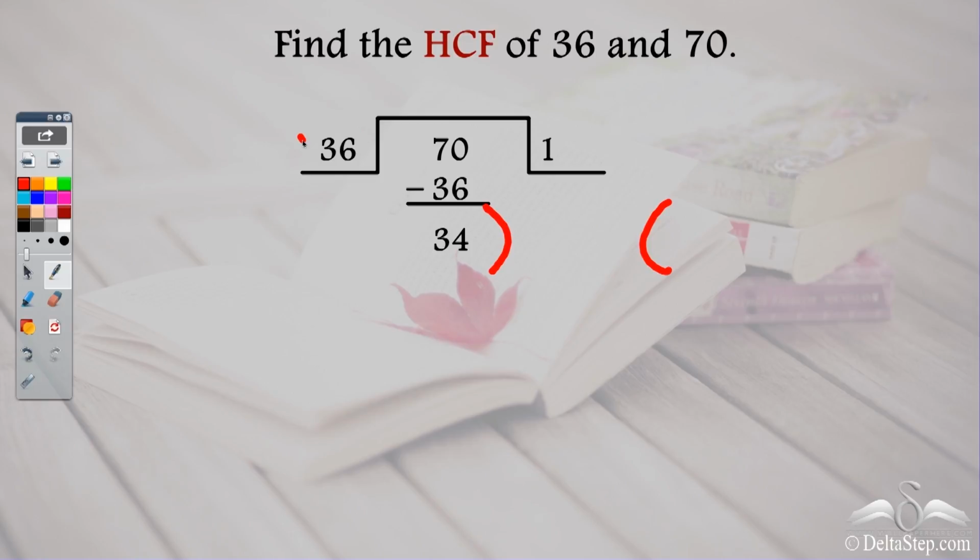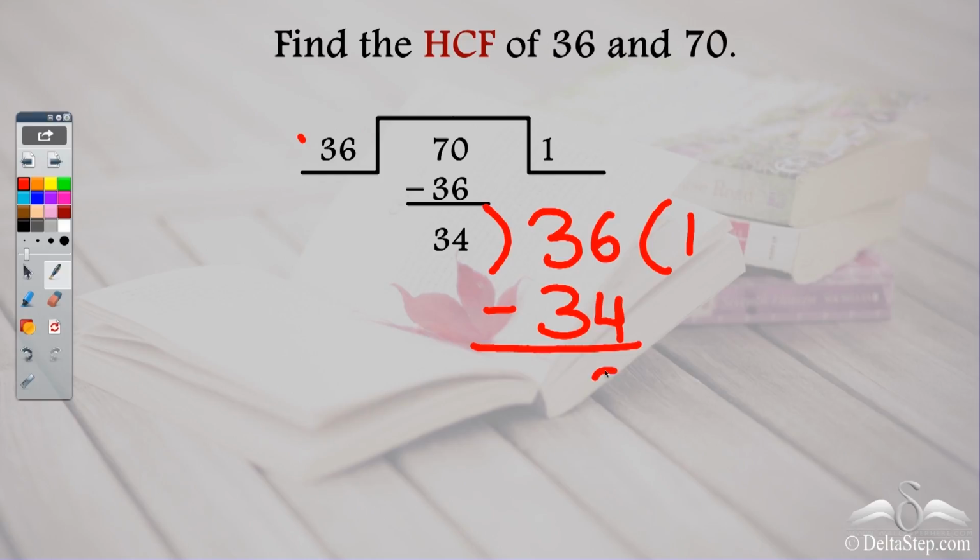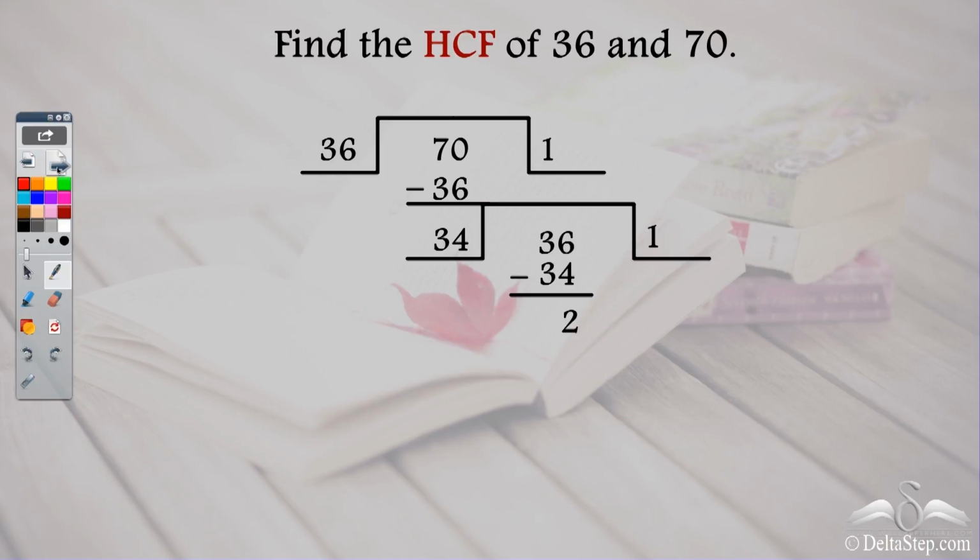The divisor of the previous step, which is 36. So 34 now needs to divide 36. 34 goes into 36 one time and I subtract it to get the remainder 2. So this is what I have.